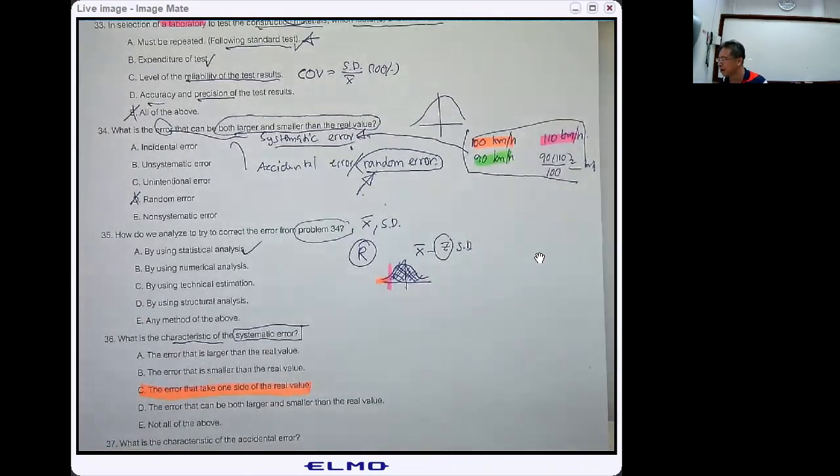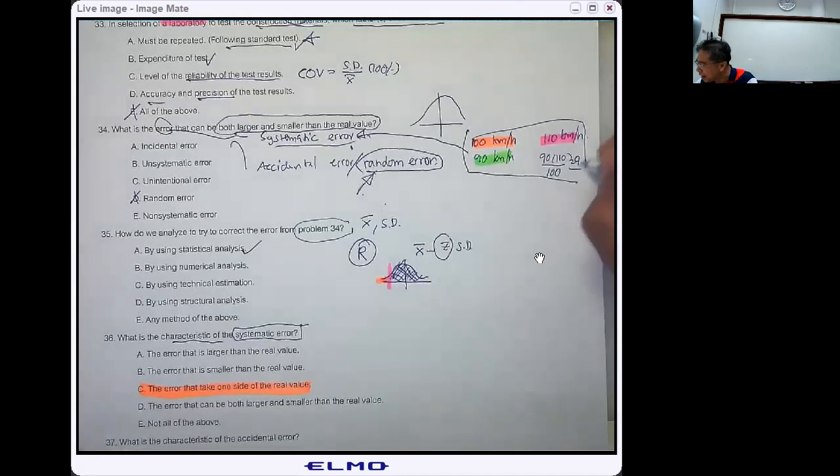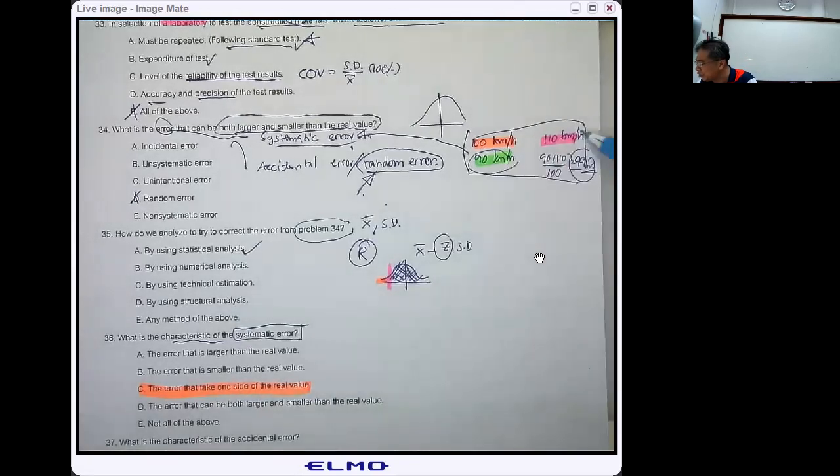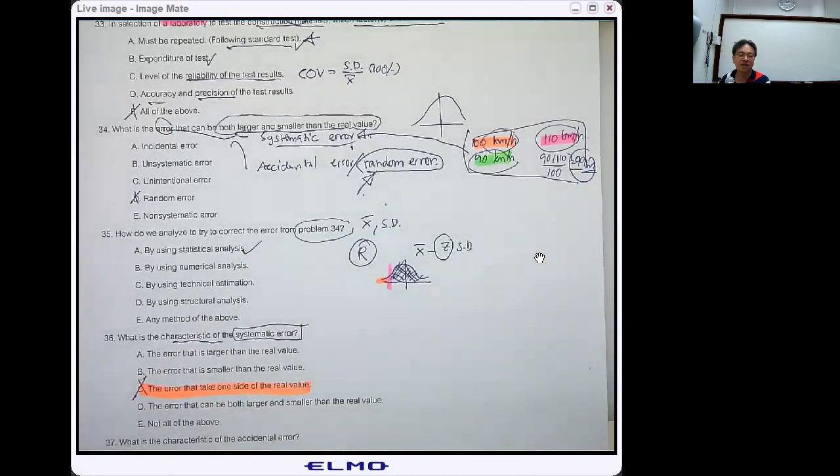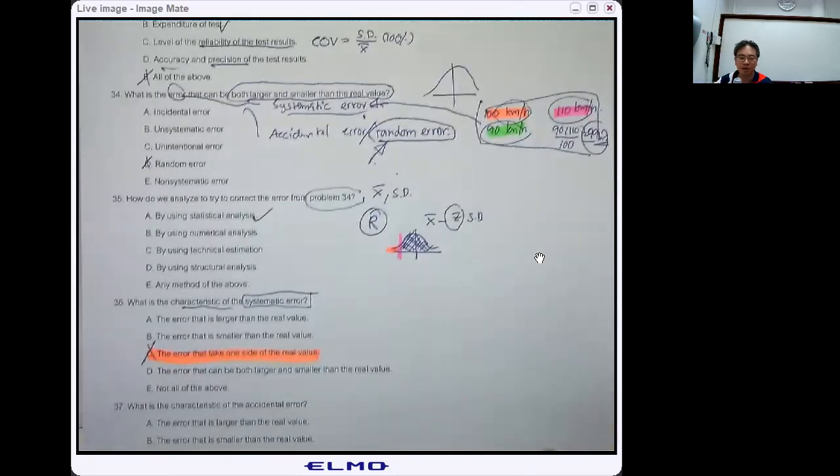That is going to be 110 times 0.9. If you push it into your calculator, 110 times 0.9 is going to be 99. And then you can see the answer is 99 kilometers per hour. The answer is larger than this, and this one is also larger than this. So the error is going to take only one side of the real value.